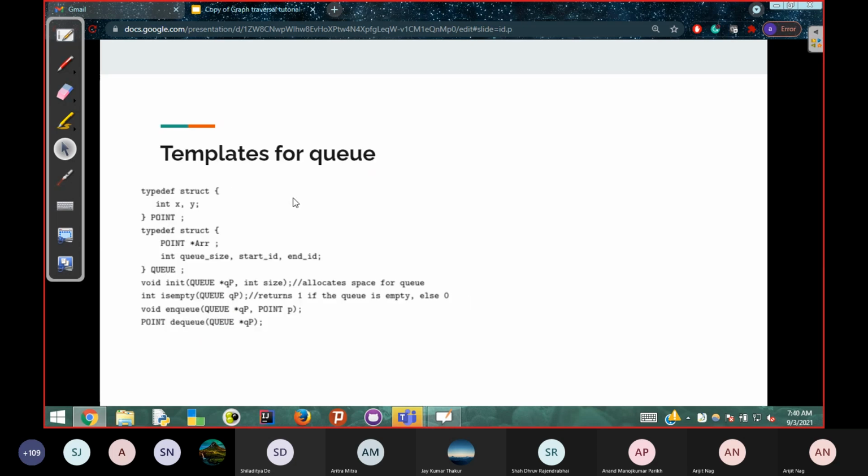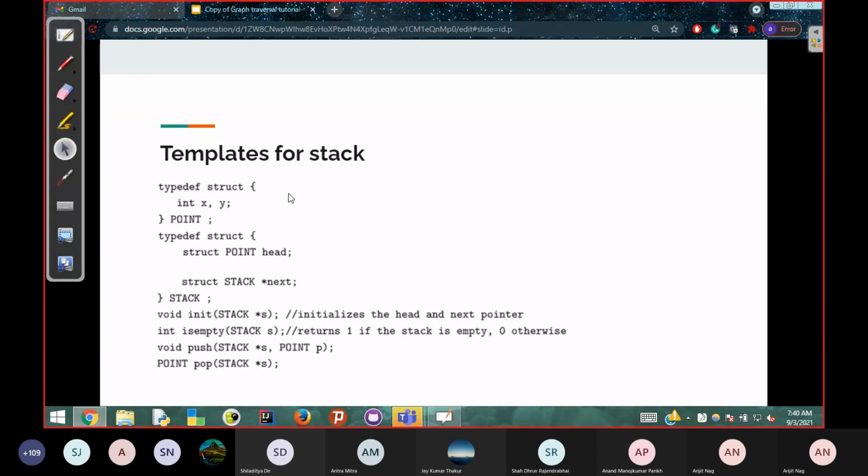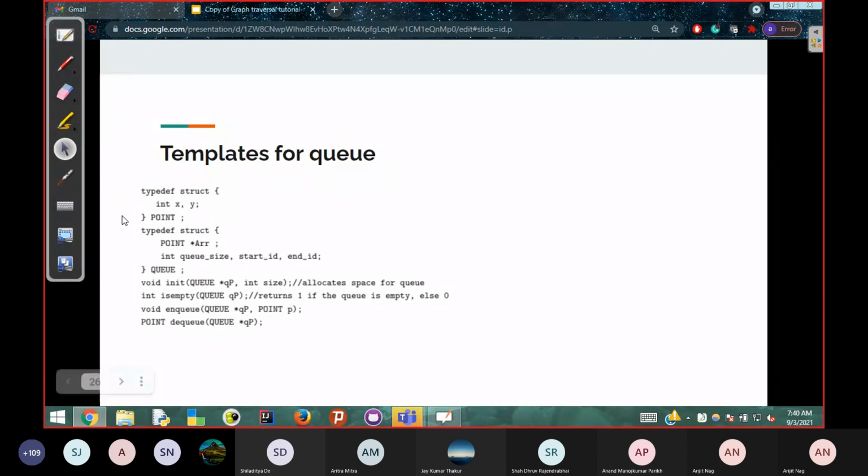Okay, some extra points for this. Last year they also mentioned some templates of queue and stack. So basically you just write your code adhering to this template. You need to define the point structure with x and y, the two coordinates. You add the queue structure like this, and you implement all these things: empty, enqueue, dequeue.